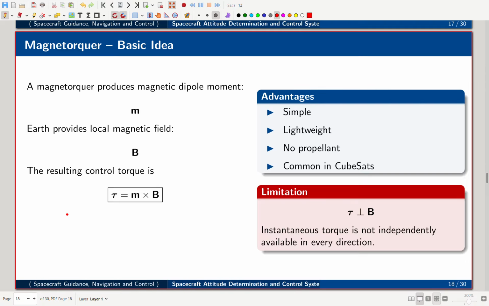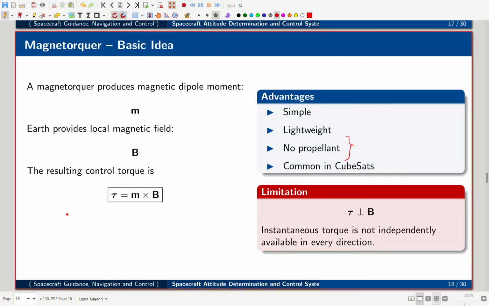Magnetorquer basic idea. A magnetorquer produces a magnetic dipole moment M, and Earth provides a local magnetic field B, and the resulting control torque is tau equal to M cross B, right? Advantages: it is simple, lightweight, and requires no propellant, because thruster propellant will be saved.